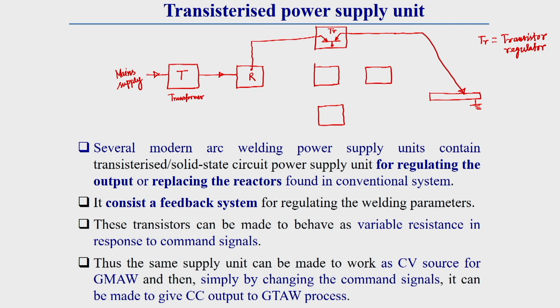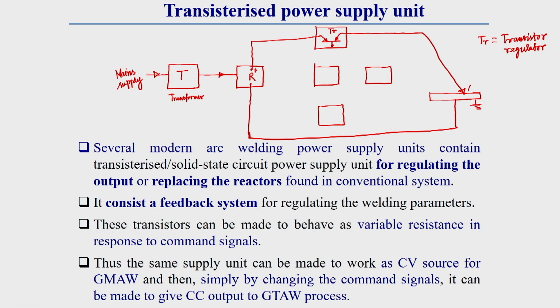Now, here generally there is a main supply. From the main supply it goes to the transformer, then it goes to the rectifier, which converts this AC current to DC current.